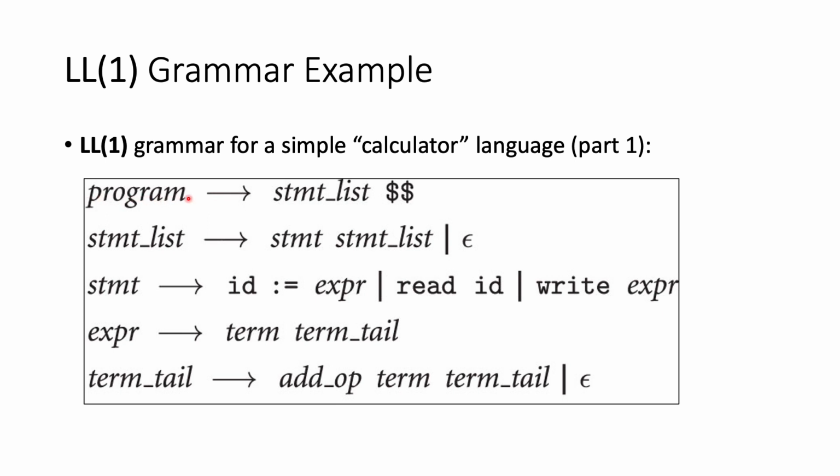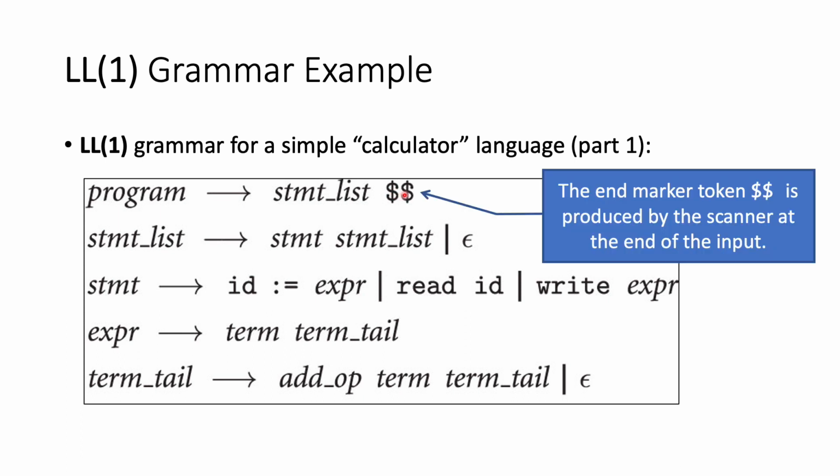The first rule or production means that a program is a statement list ended with a double dollar sign. Note that this end marker token is produced by the scanner at the end of the input.